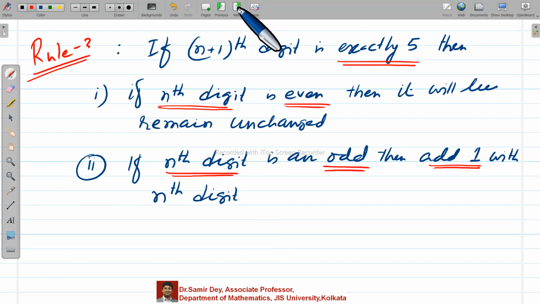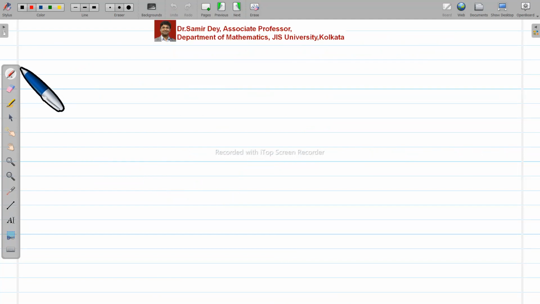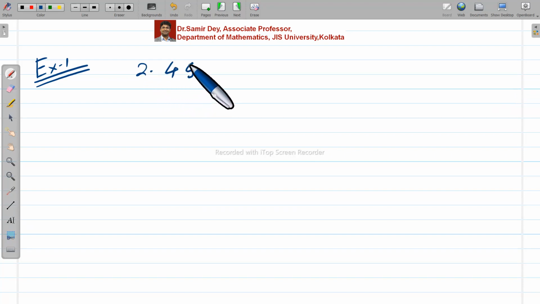Now try to understand with some numerical examples. Example number 1. 2.4565. Suppose you want to round off up to this level. Then what about the next part? You need to write an arrow on the next number. So here it is exactly 5. Then you need to check the previous one, that is your nth position.